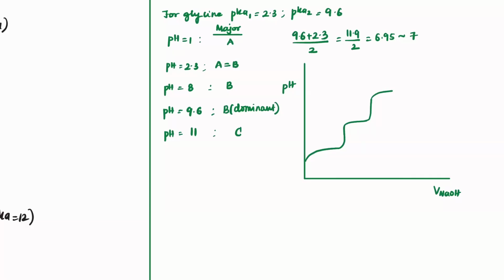At this position, this is the point where A is almost equal to B. That is a buffer form, so this is a buffer solution.